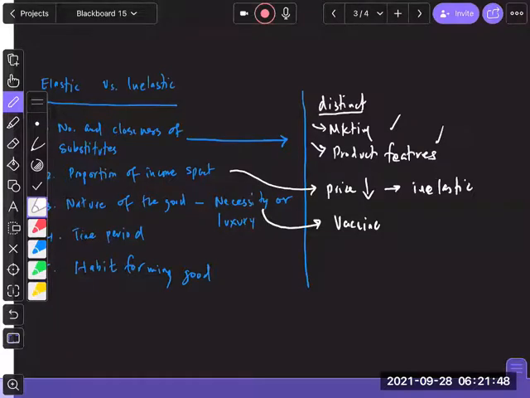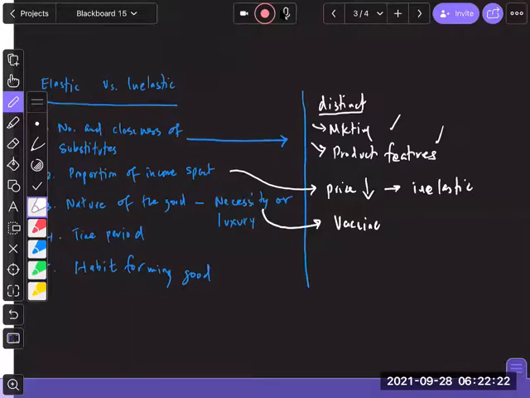If the conditions change for a product, it can become more inelastic in demand. For example, in the time of COVID, masks became inelastic in demand. So if a good is a necessity, then it will be inelastic in demand.